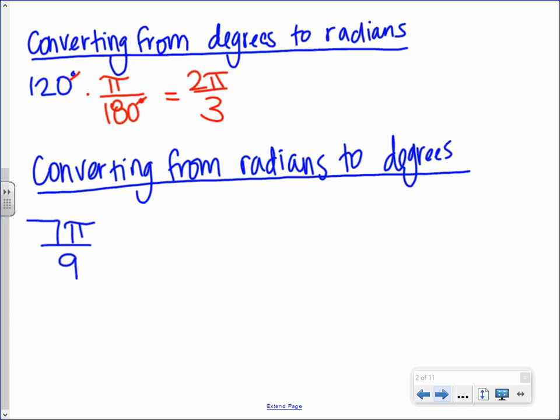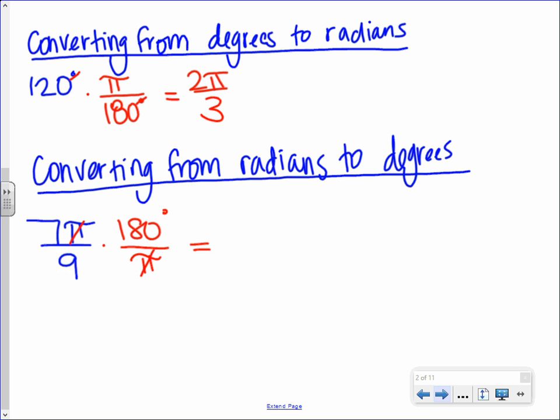All right, so we have a radian measure. We want it to be in degrees. We need to multiply by something where we end up with degrees in the numerator. We know that 180 degrees is the same as pi radians. Conveniently, our pi's do cancel.